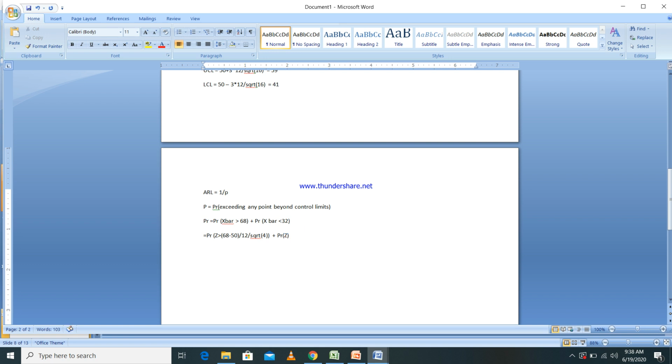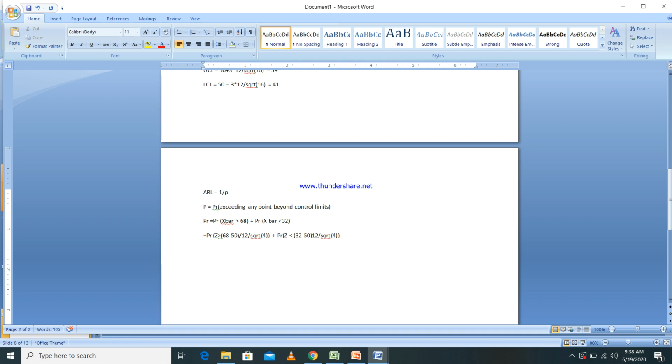So if you convert this into Z score, Z less than, from 32 you have to subtract 50 and divide it by the standard deviation. So standard deviation is 12 over square root 4, right? So this is the probability that you have to calculate.